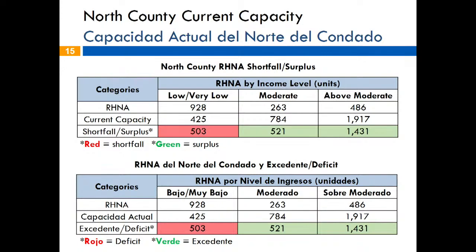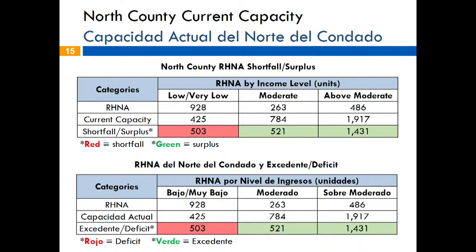So, to determine whether the county has sufficient capacity to meet its RHNA under existing zoning, staff created an inventory of all land available for residential development within the unincorporated county. The results of this sites inventory show that the county has capacity to meet its North County RHNA in some categories, but not others, which is shown in this table.